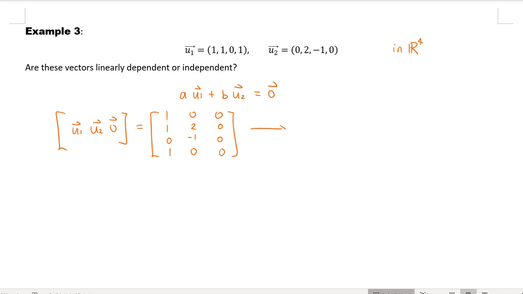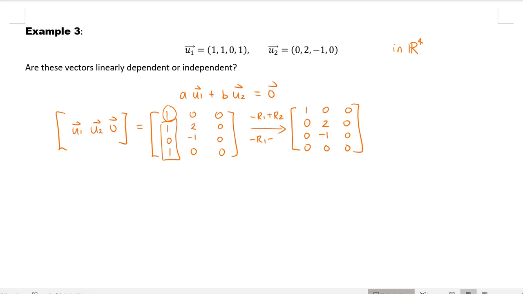The right hand side is zeros. Now let's see. First, we make this entry 1. It is 1, and then we can use it to clear the entries below it. We can do minus R1 add to R2, and the good thing is because this is zeros, it won't change the second column or third column, just the first column, which becomes zeros.